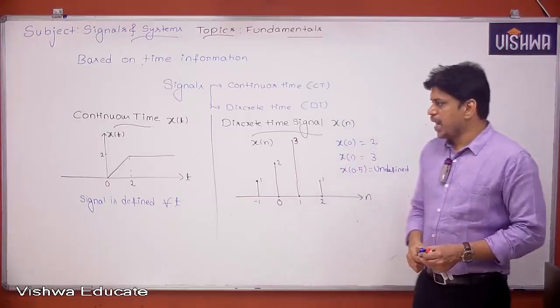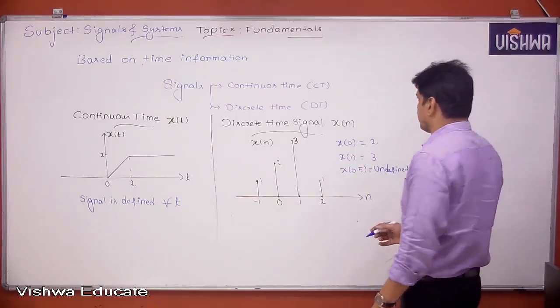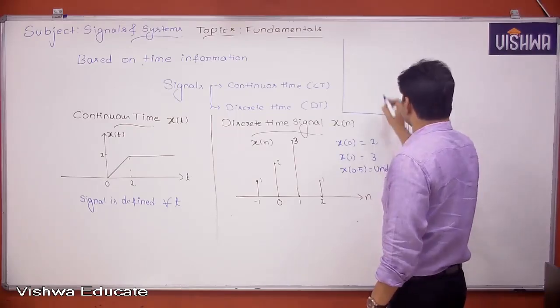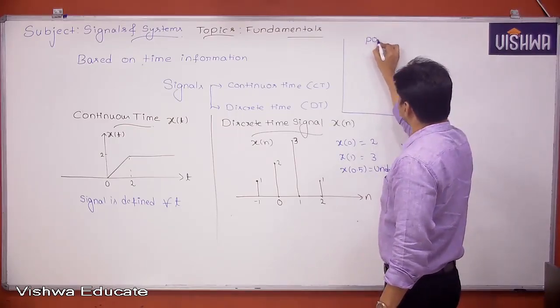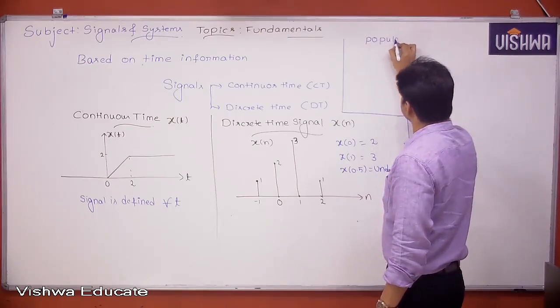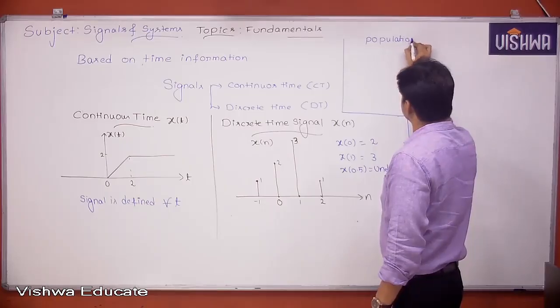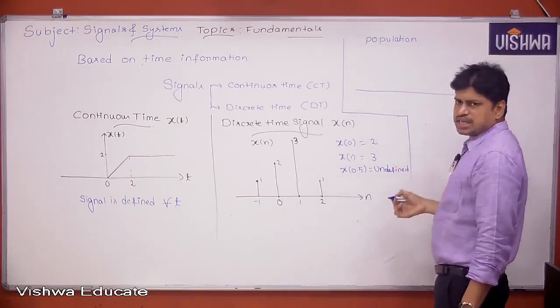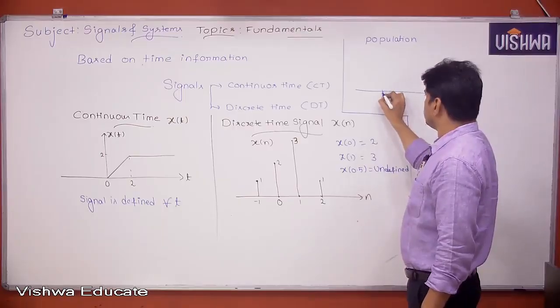Let's take a naturally occurring discrete time signal. One very famous example we know is population. Usually let's consider the population in the month of March.